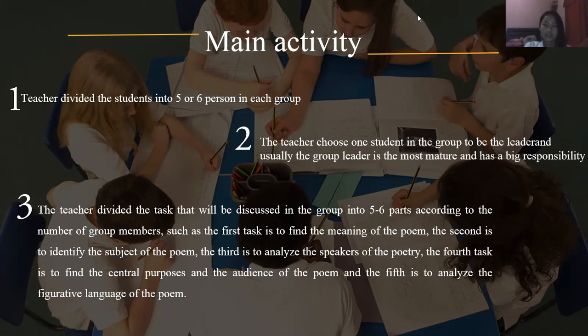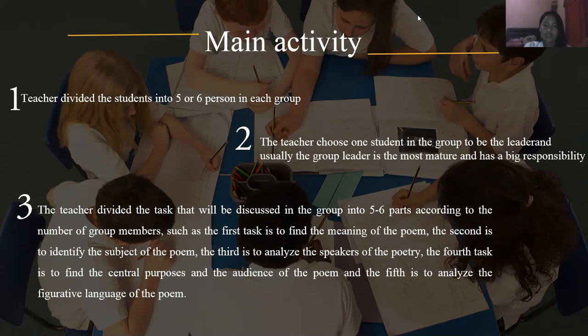The second step is the teacher chooses one student in a group to be a group leader, and usually the group leader is the most mature and has a big responsibility to their group. The next step is the teacher divides the tasks that will be discussed in the group into 5 or 6 parts.